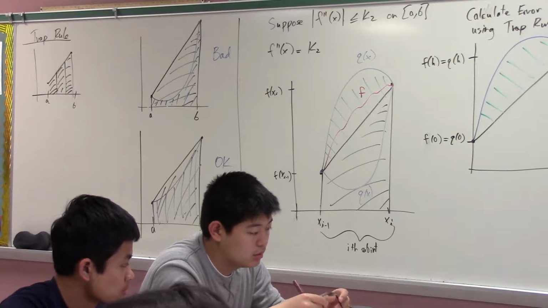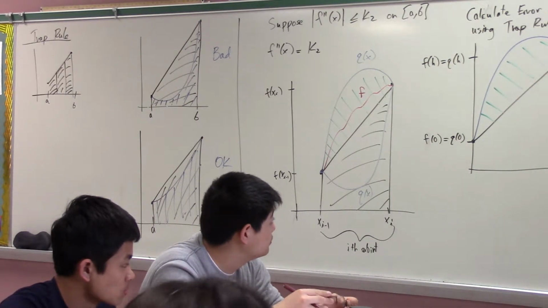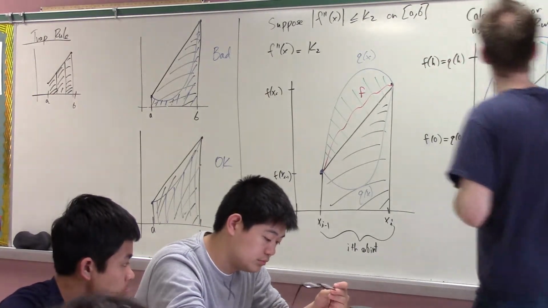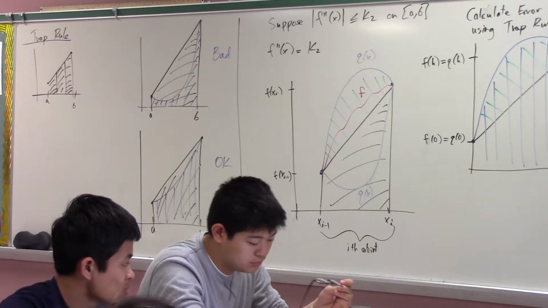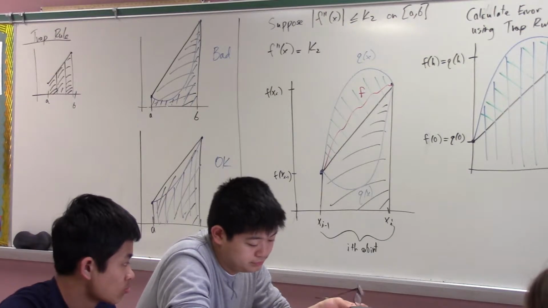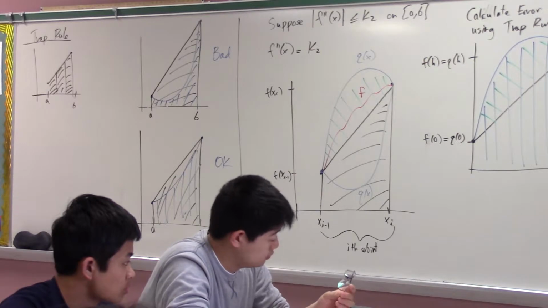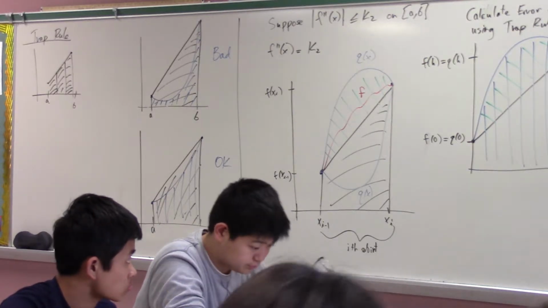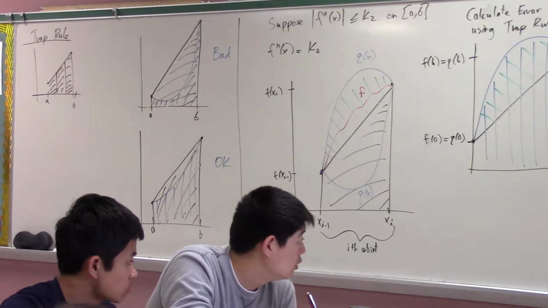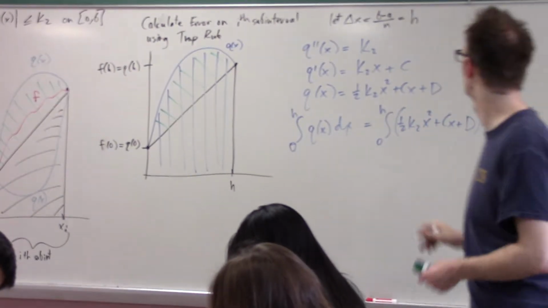Now I want to figure out what this green is. To do that, I want to find the area under this q function. So I'm going to take the integral from 0 to h of q. That is the integral from 0 to h of 1/2 k2x squared plus cx plus d.